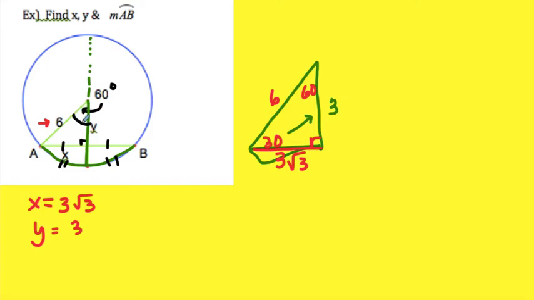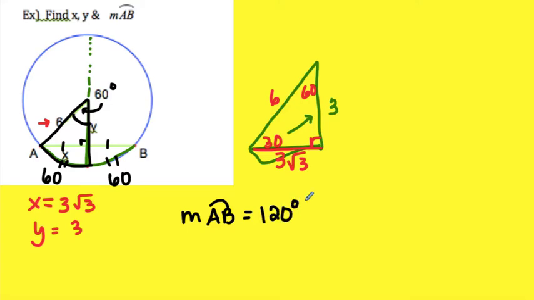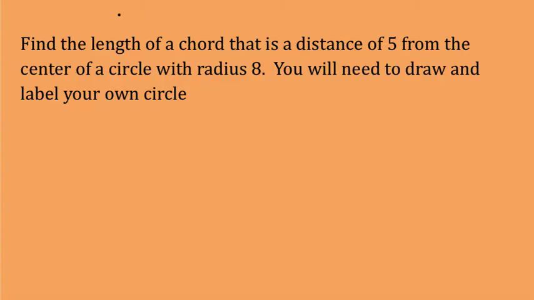So if this central angle here that we learned about last lesson is 60 degrees, it makes this arc 60 degrees, which makes this arc 60 degrees. So the measure of arc AB would then have to be 120 degrees. Definitely one that you could pause and rewatch. All right, a few more.